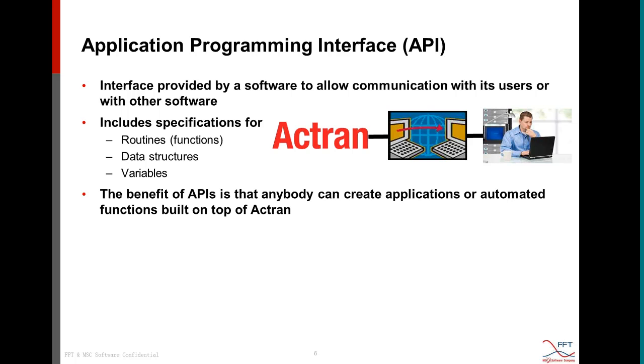So the main benefit of an API is the fact that every user can access it and create applications based on it without having to rewrite some built-in functions in the software.